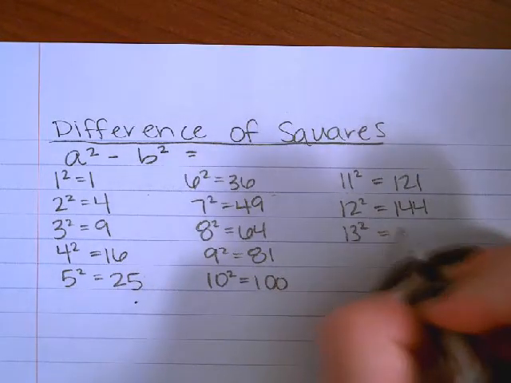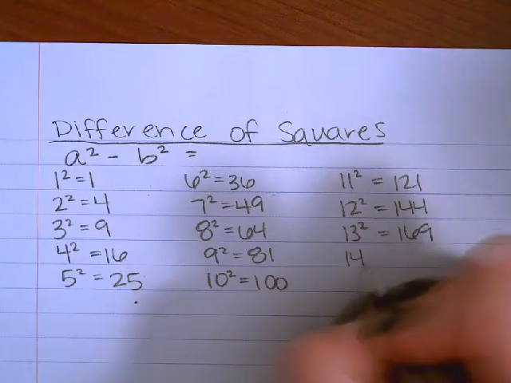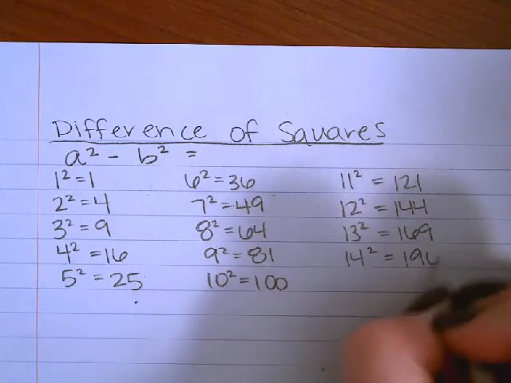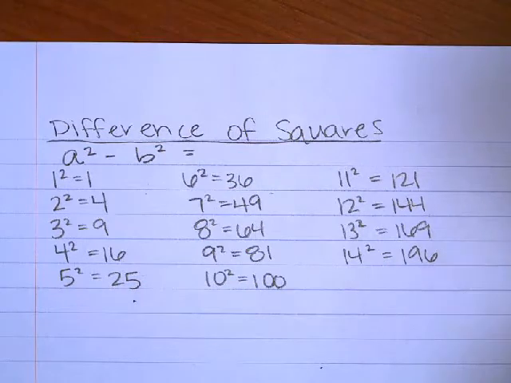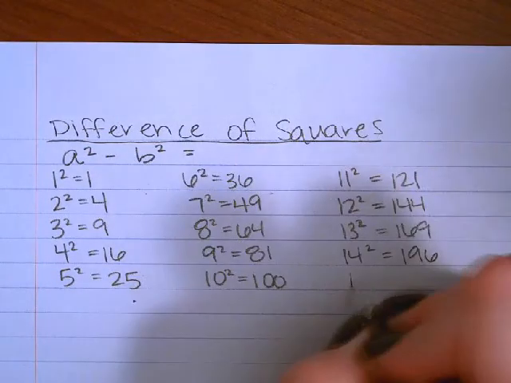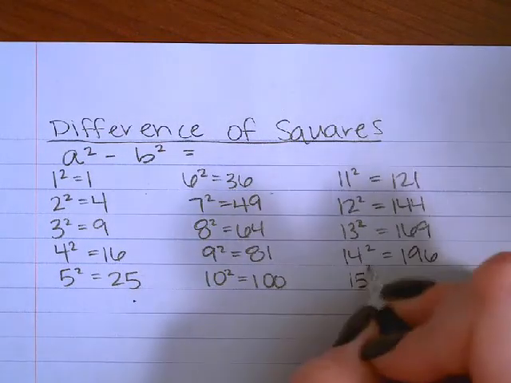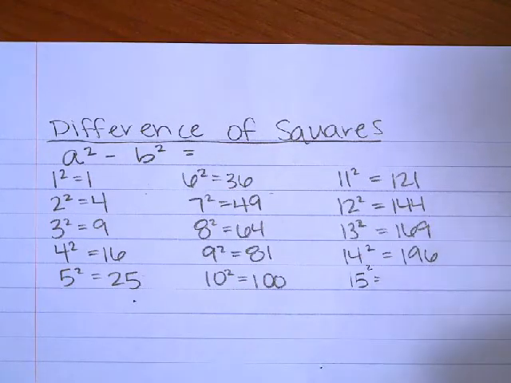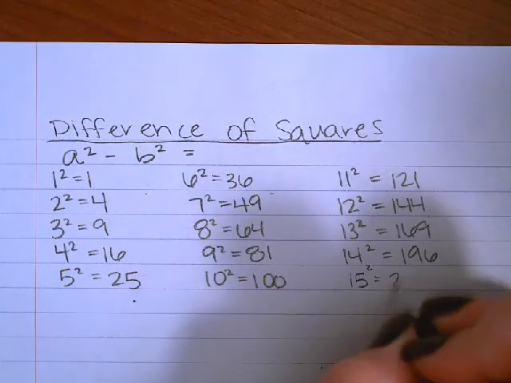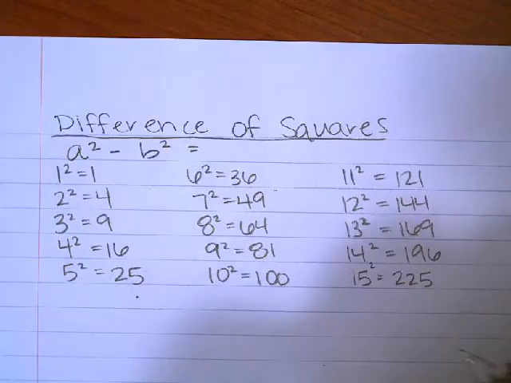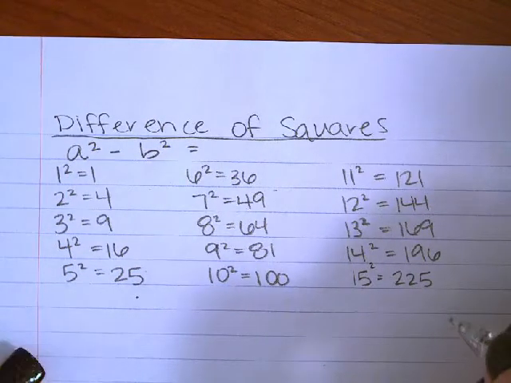Thirteen squared is 169. 14 squared, I believe, is 196. Let me check on my calculator. Yes. And then 15 squared, ooh, 225. So these are just the starting ones. I think that should be enough to kind of help you with the assignment today.